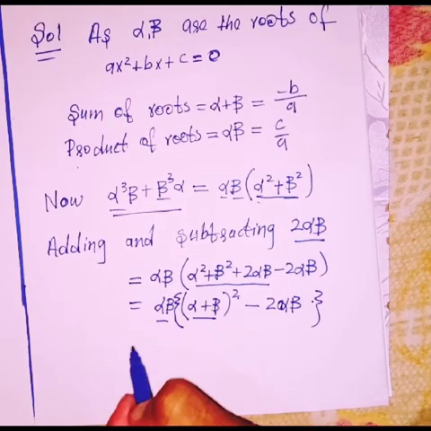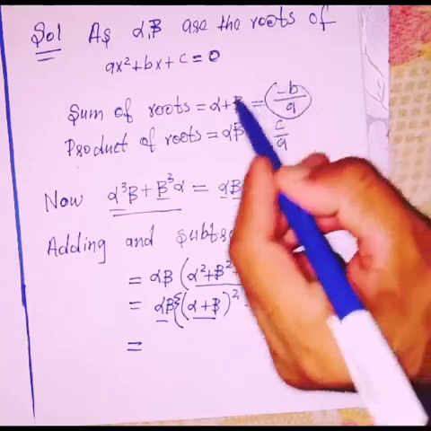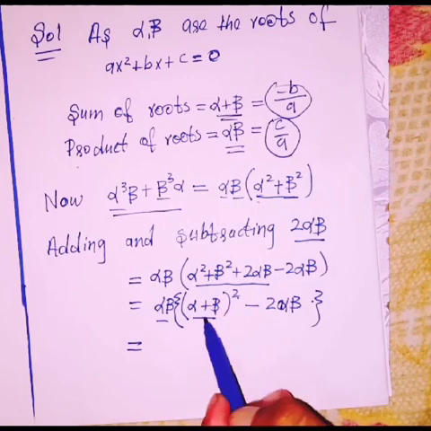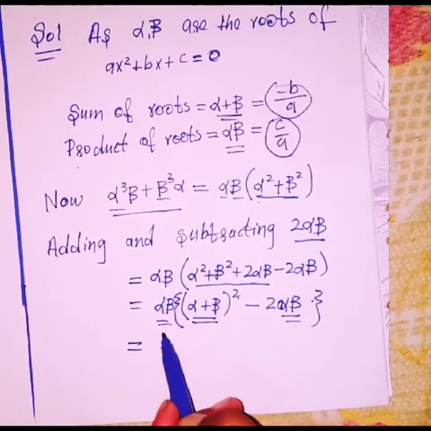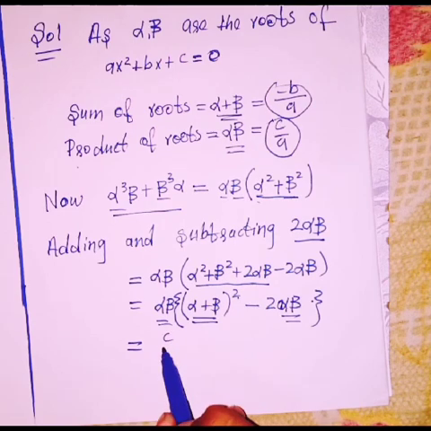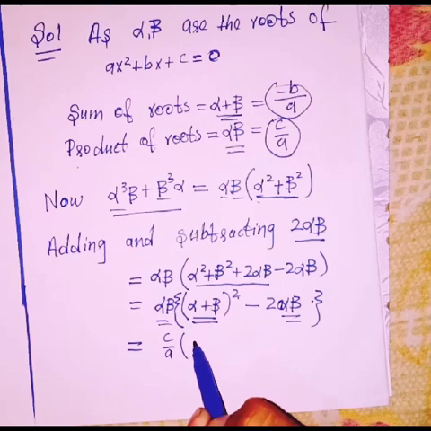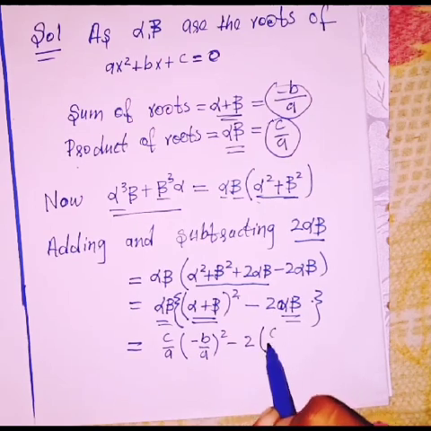Now we will put the values of the sum of roots, which is alpha plus beta, and the product of roots, which is alpha beta. So we get c divided by a into minus b divided by a whole square minus 2 c divided by a.